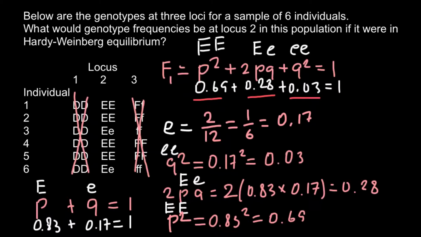And also my comment would be that the Hardy-Weinberg formula works for very large populations where individuals mate randomly, where there is no mutation and no migration. And as you see in our example, we have a parental generation that has only 6 individuals.